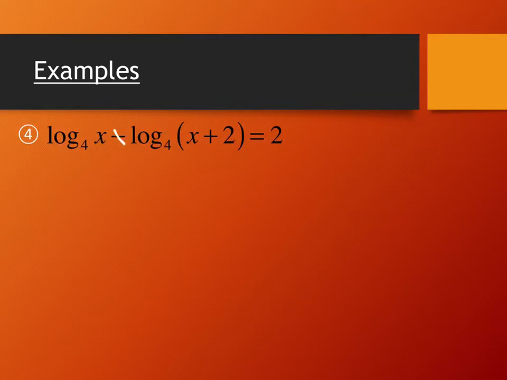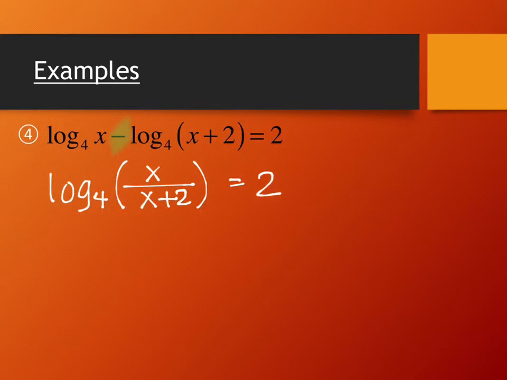Excellent. Jake noticed there's a negative here, and he's exactly right. That means there's a quotient rule at play. So good observation. We will have log base 4, and then I have the first value x divided by the second value x plus 2. Great first step. What might we do next?